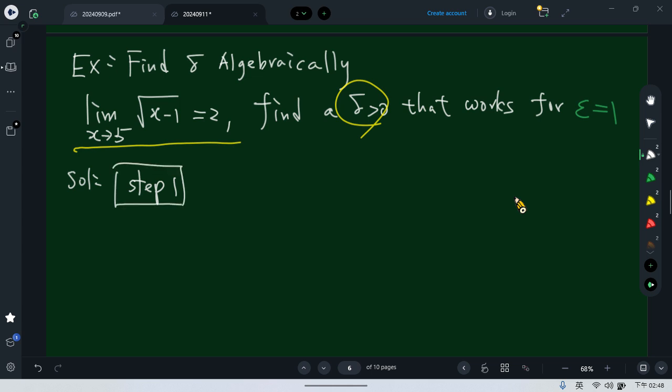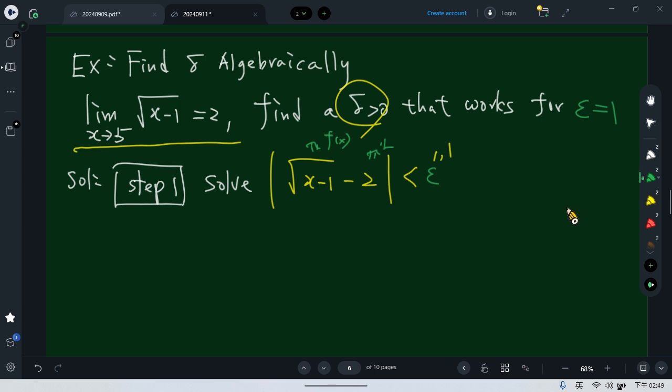We should try to solve the absolute value of square root of s minus 1 minus 2 less than epsilon. Here epsilon is 1, right? Here is f of x, here is L. But in this case, we just focus on epsilon is 1.